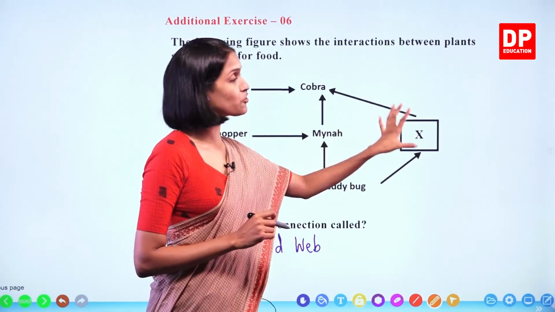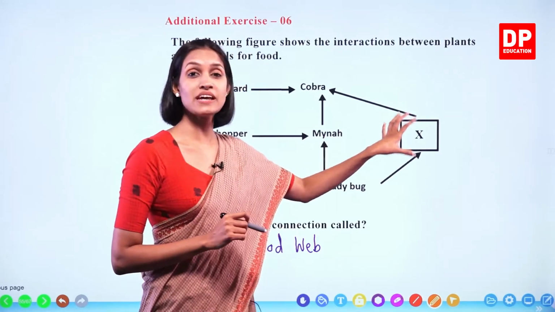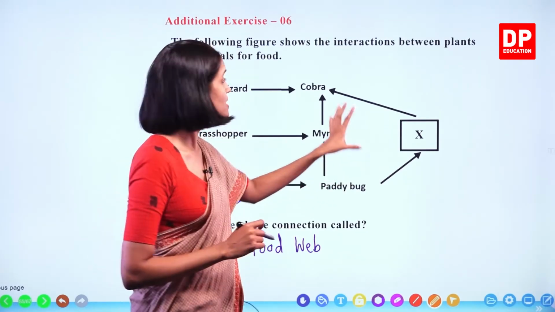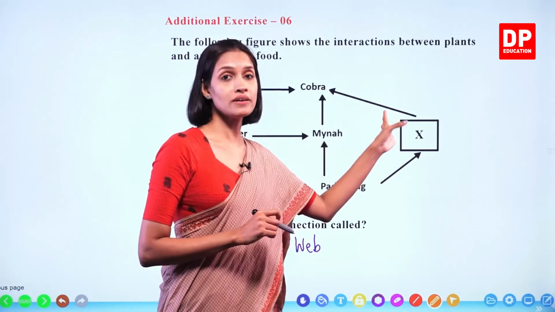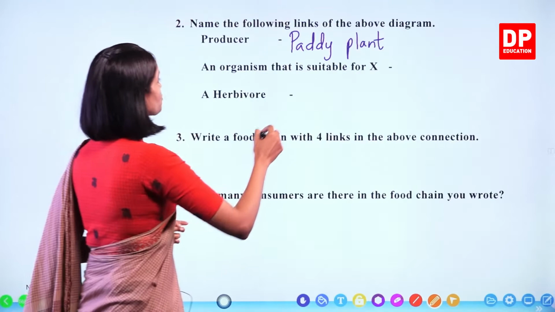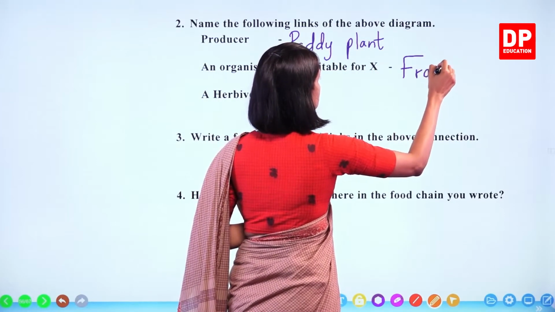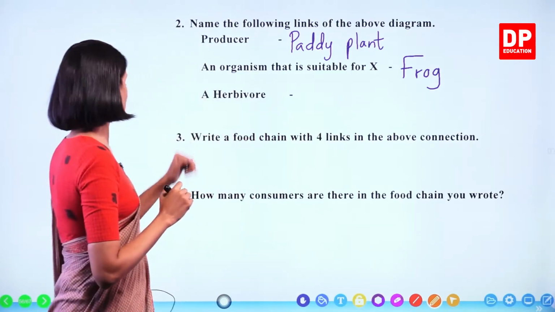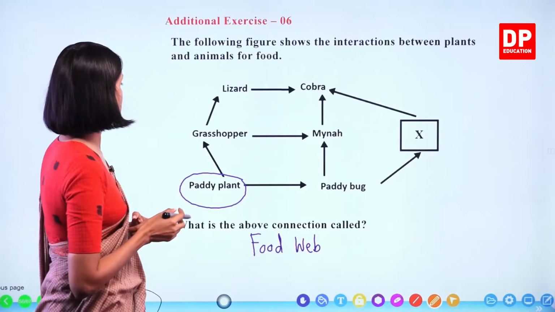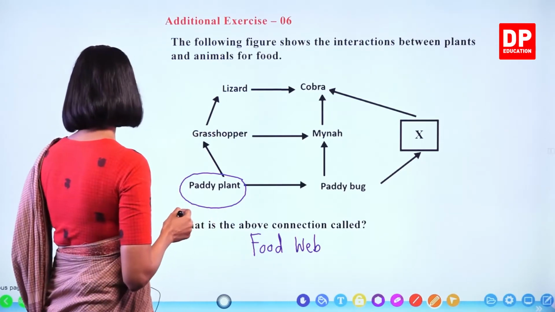We can write frog here. Right, the frog feeds on paddy bug because frog is an insectivorous, feeds on insects, and cobra feeds on the frog. Okay, we can write that frog. A herbivore who eats plants. Grasshopper. Right, we can write the grasshopper.